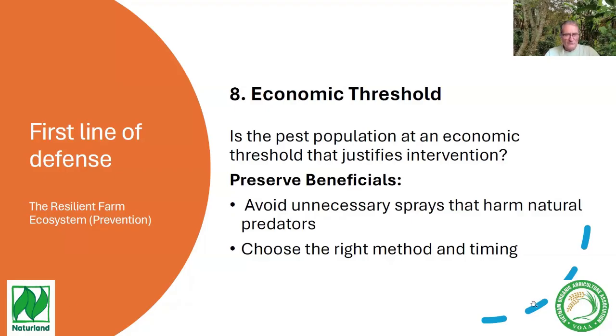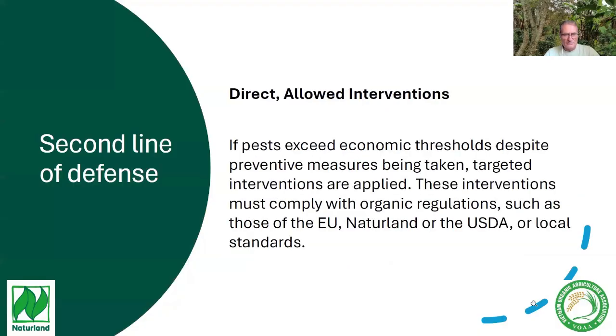And now we are going to the second line of defense, as already mentioned. So that means direct allowed intervention. That means we have already done all the preventive measures. If we really have to intervene with direct and allowed interventions, we have to check if these interventions comply with organic regulations, especially those of the European Union, Naturland, the United States USDA, or also some Vietnamese standards.